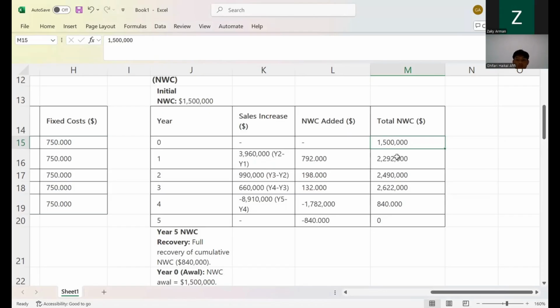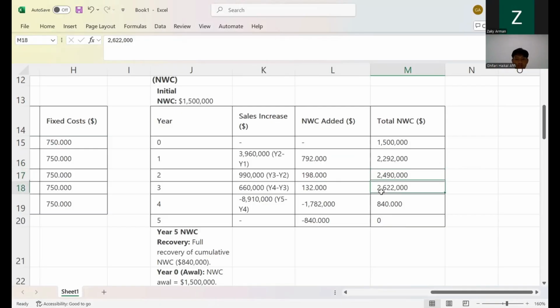And then for year 1, the 1.5 we added with the 792,000, so we got 2,292,000. And for year 2, we get it from the 2,292,000 plus 198,000, so we get this amount.